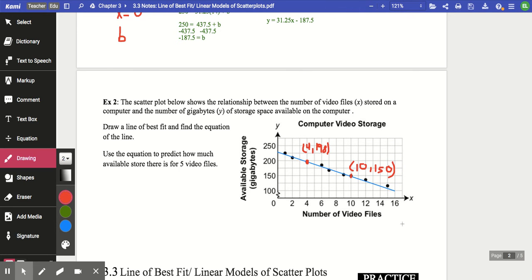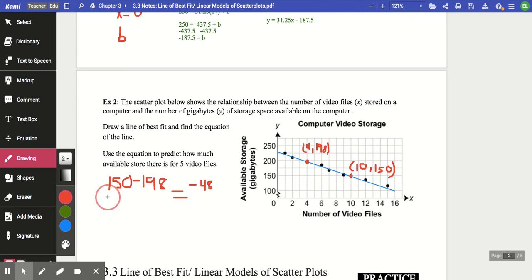So to find the equation of the line, I need my rate of change and my starting point. To find our rate of change, we need the change in the available storage. So 150 minus 198. As you can see, this went down by 48 gigabytes.